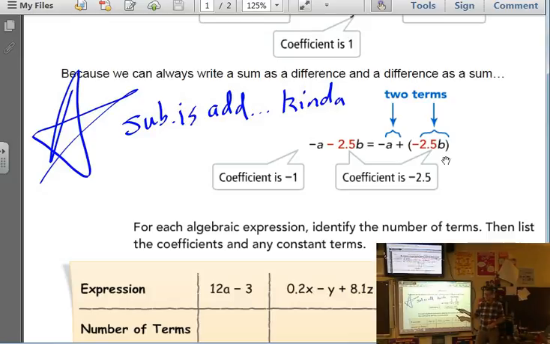So when I have a subtraction problem, I can easily rewrite that as an addition problem by just taking the minus, and instead of just saying minus, saying plus the negative. So we still have one of the symbols. It just moved from being a minus to being a negative. So subtraction is really just addition, but it's addition of a negative. So subtraction is addition of a negative. Not kind of the negative.